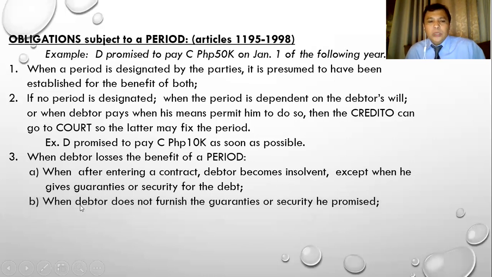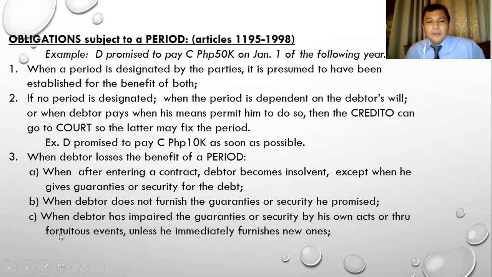Case number 2, when the debtor does not furnish the guarantees or security which he has promised to the creditor. In case number 3, when the debtor has impaired the guarantees or securities by his own acts, meaning impaired is prejudiced, or through fortuitous events, unless he immediately furnishes new ones.